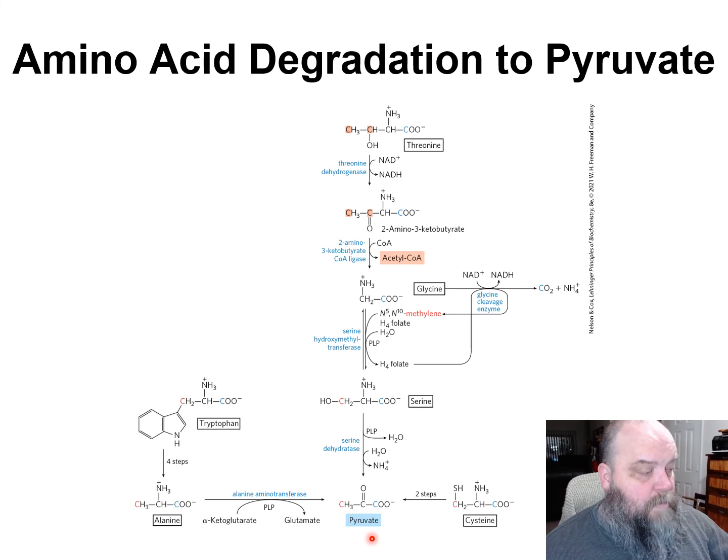Alanine can become pyruvate. Just got to pull off that amino group. We've talked about this last section. Or you can take cysteine here, pull off the amino, pull off the sulfur thiol functional group. And then you have pyruvate.